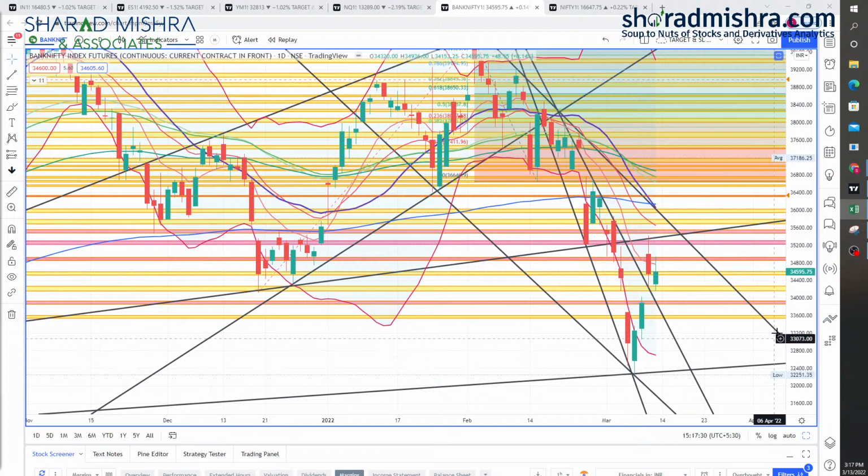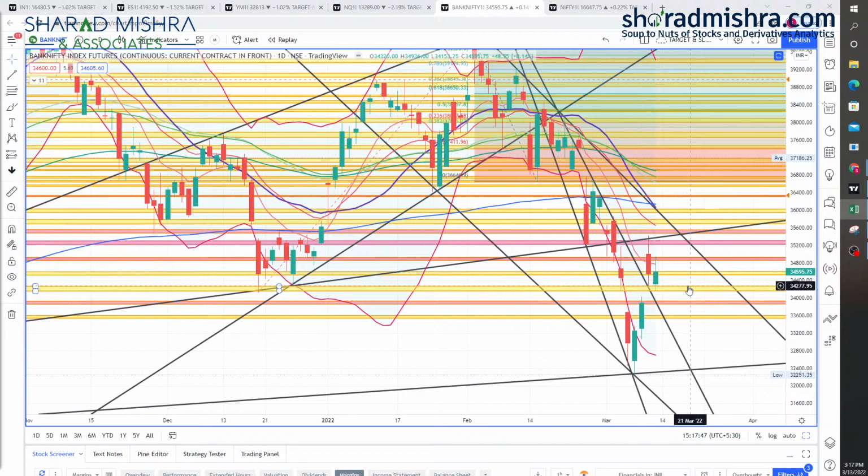So it clearly shows that there are long puts held by all the market participants, especially FIs, at 35,000. This 34,900 odd zone is immediate resistance.